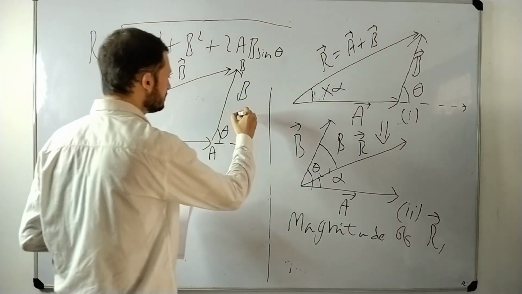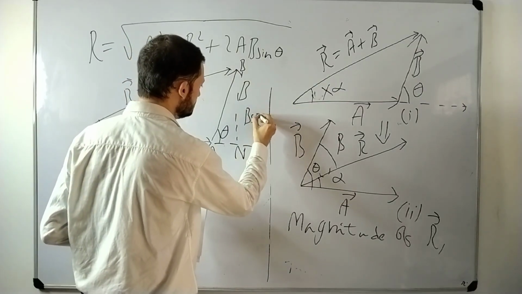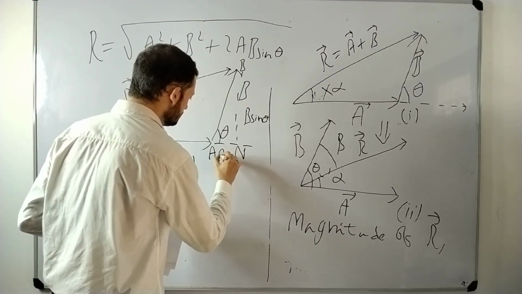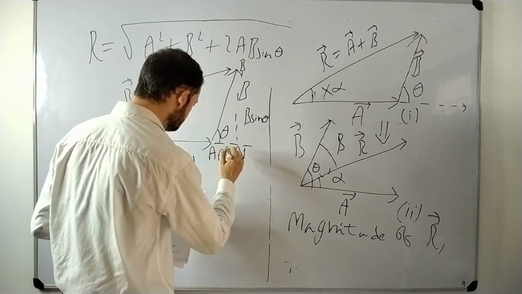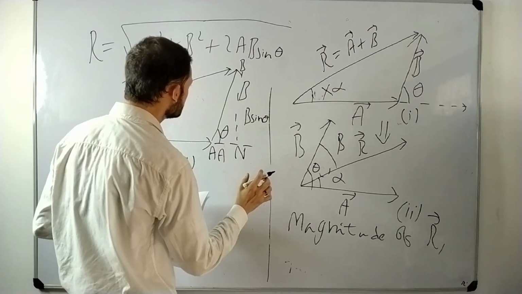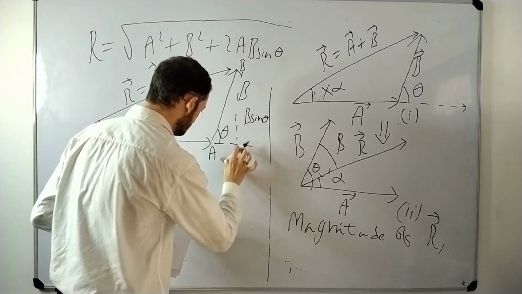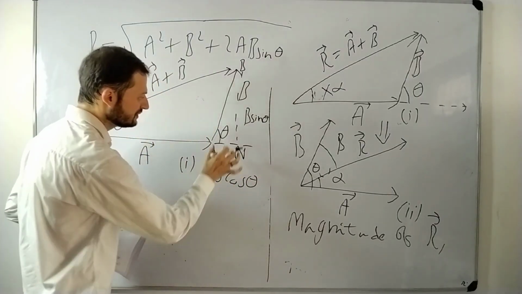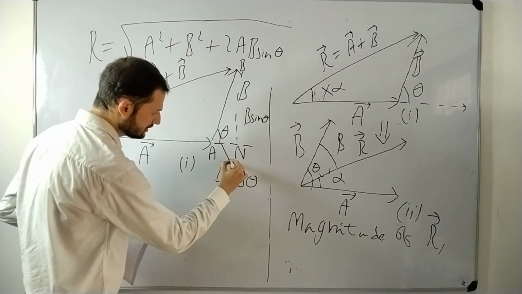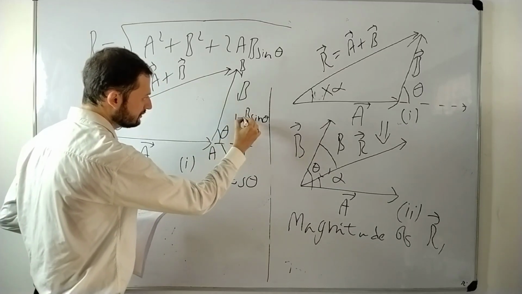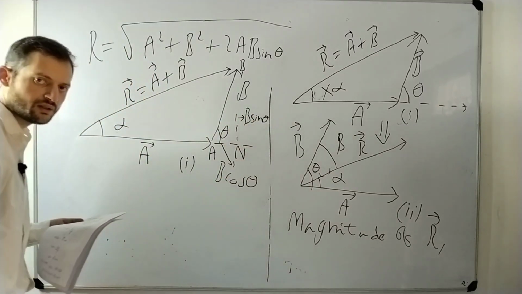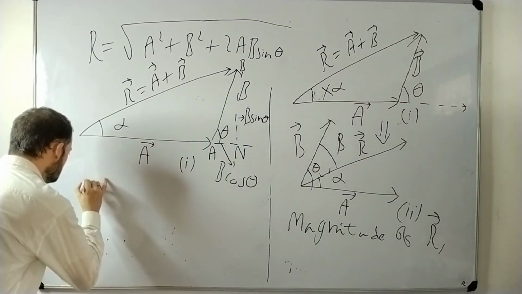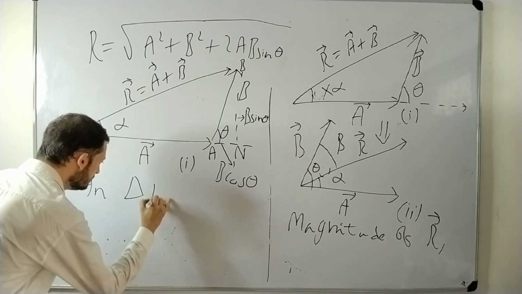So this makes B sin theta along the vector, and this makes B cos theta. Here I would write B cos theta. This length here is B cos theta, this length here is B sin theta along the vector. So in triangle ABN, what do we have?